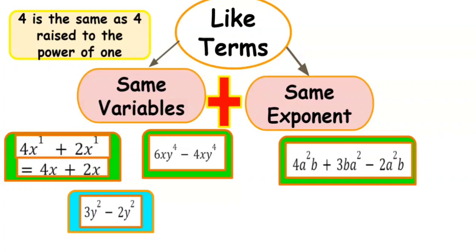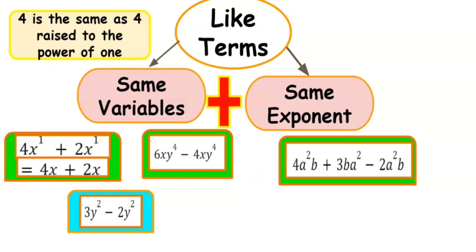Let's look at this one. 4a squared b plus 3ba squared minus 2a squared b. If we recall, we know that 4a squared b is the same thing as 4 times a squared times b. Multiplication is commutative.